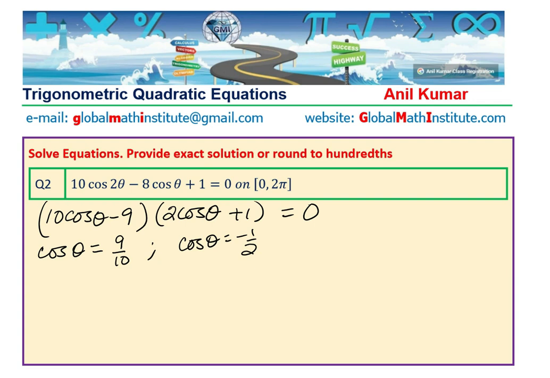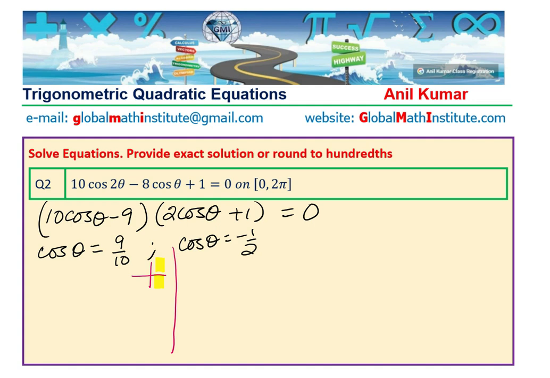You can use a calculator to find when cos theta is 9 by 10. For cos theta equals minus half, we can use a special triangle. Let's calculate this out. Here cos theta is 9 by 10, positive. That means we are looking for two solutions, one in quadrant 1 and the other in quadrant 4.